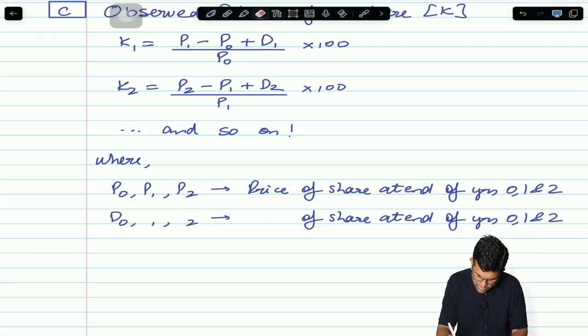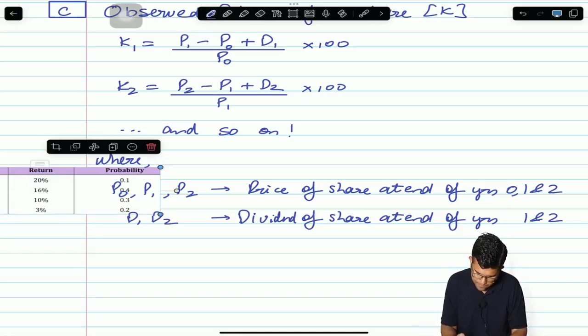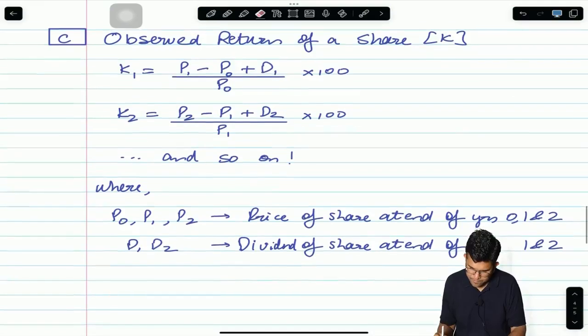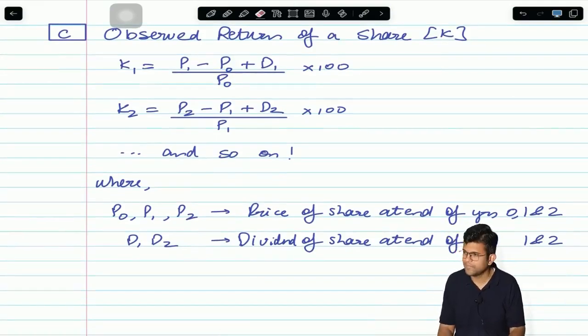D0 is not there actually. D1, D2 are of course the dividend of the share at the end of years 1 and 2. Okay, copy this. I'll explain, don't worry.